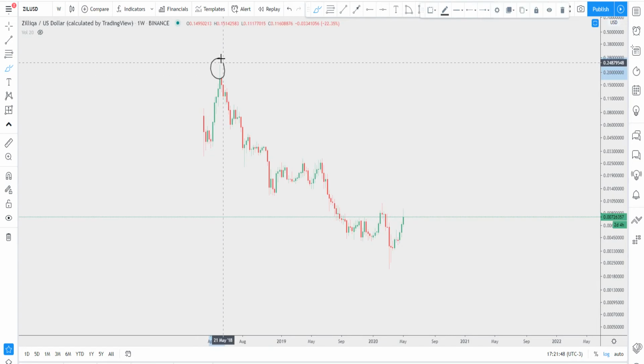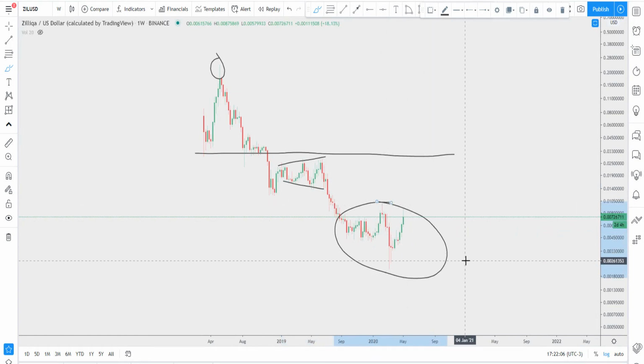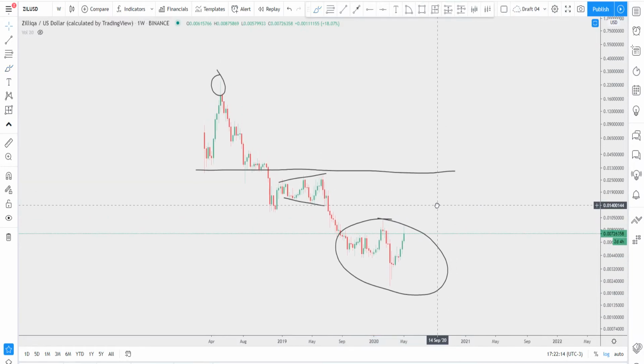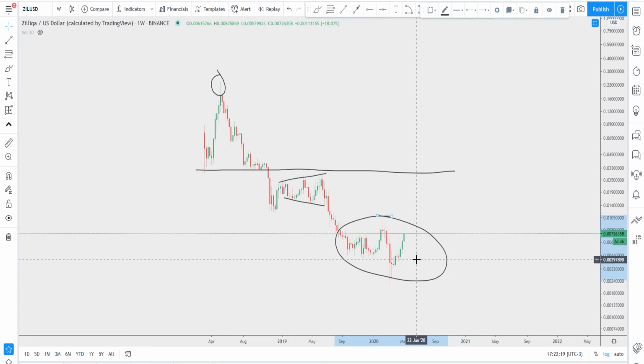So here was our all-time high. This was our bearish continuation structure, and then here we had this bearish megaphone, and here we have the bottom structure. It doesn't mean it's done. We keep watching, but in my humble opinion, it's not over yet.